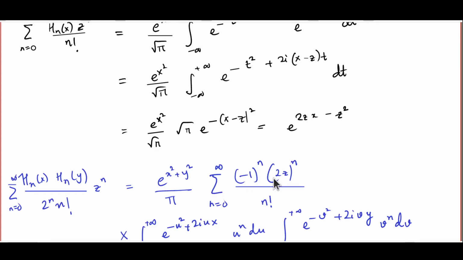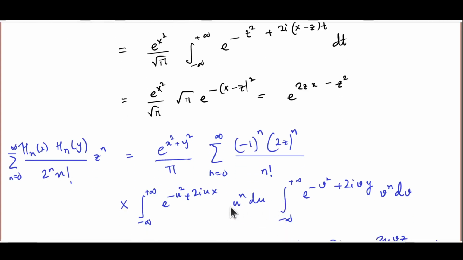You had 2 to the power n's from H_n(x) and H_n(y) respectively, but one of them has been cancelled by the 2 to the n in the denominator, so you get 2z to the power n by n factorial, which is of course the n factorial on the left hand side here, followed by the two integrals that you have to do, e to the minus u square plus twice i ux, u to the power n du. That will give you H_n(x) essentially, apart from those factors which we have already taken out. And the next one will give you H_n(y).